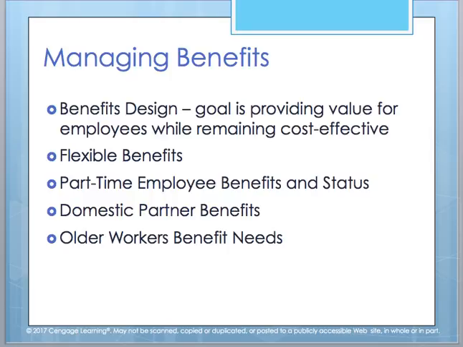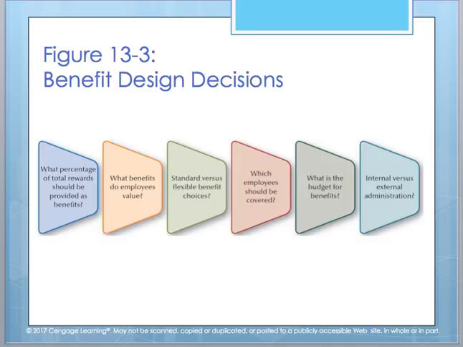Now you have to consider domestic partner as well as older worker benefit needs. And those decisions are broken down into covering these 6 questions. What percentage of the total award should be provided as benefits? What benefits do employees actually value? Because you may have some that are just not valued, just not even utilized.